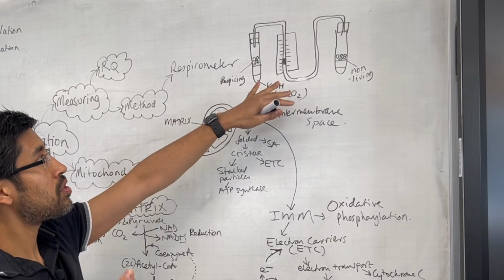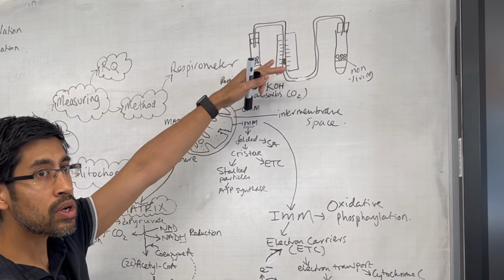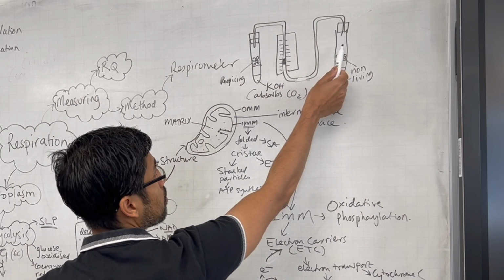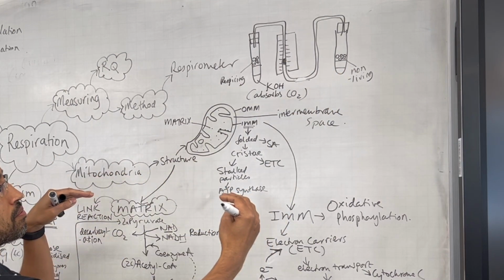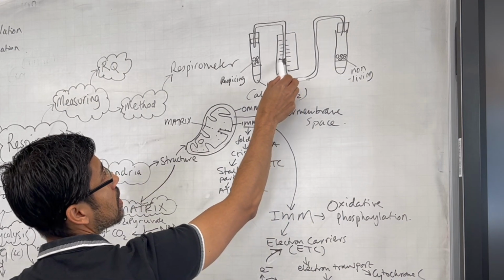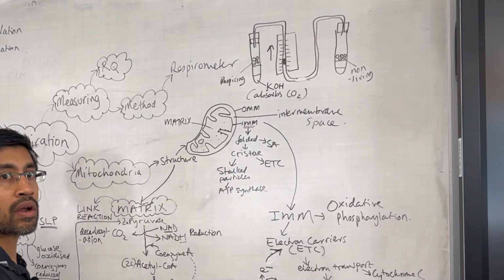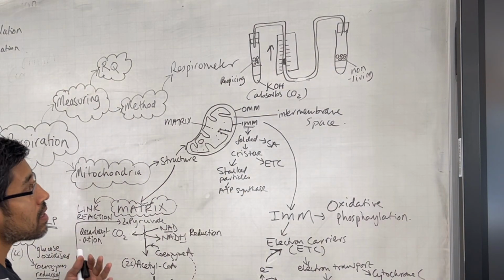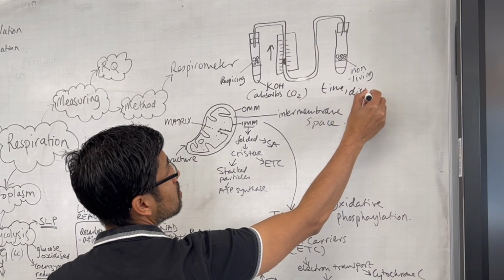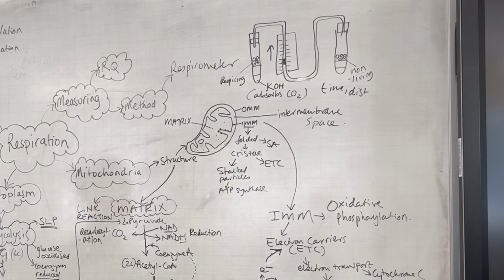As this oxygen gets removed from the air in the tube and goes into the organisms, the pressure in the tube drops. The pressure in the other tube then becomes relatively higher, and therefore the fluid tends to move in that direction, towards the respiring organisms. If you measure the time and the distance that it moves, you can work out a rate of oxygen consumption.